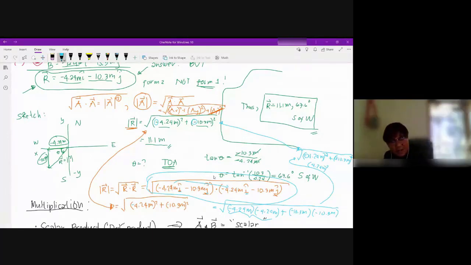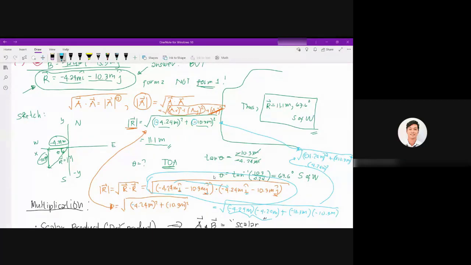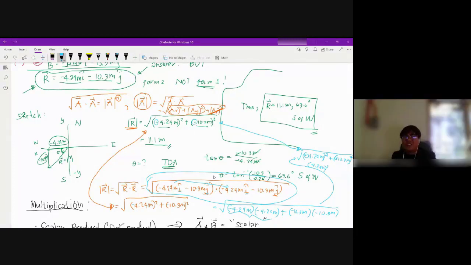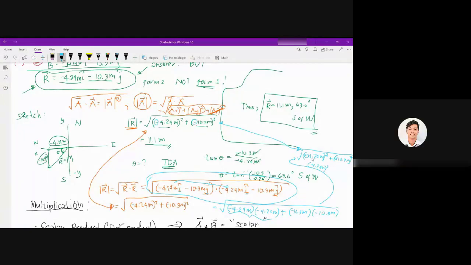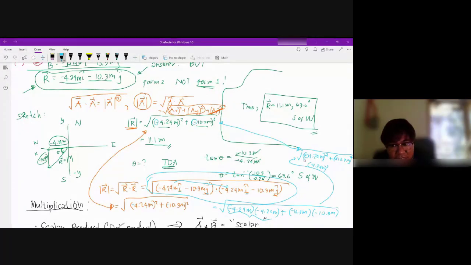Mura ra gyapon siya og Pythagorean. Gi-square ra nimo diretso ang mga components.